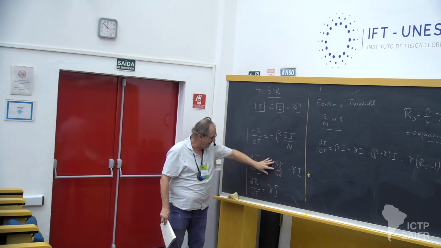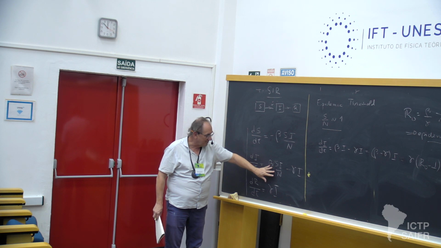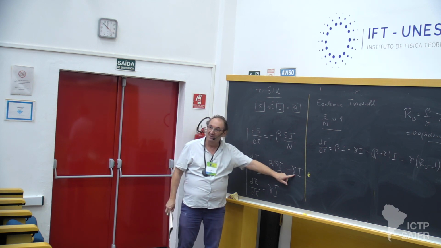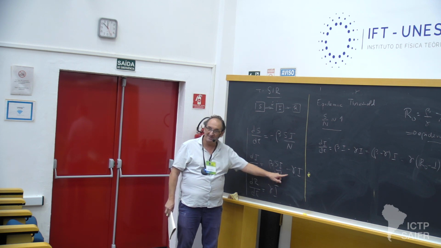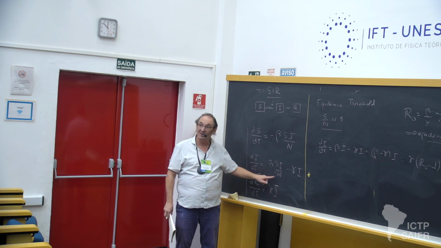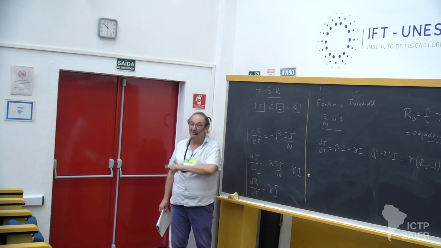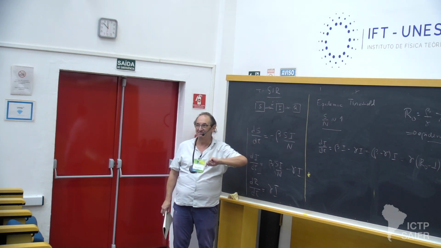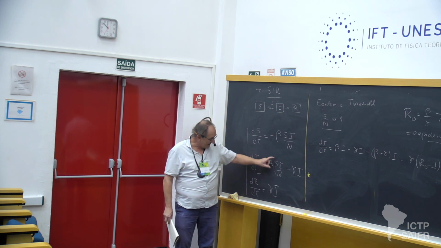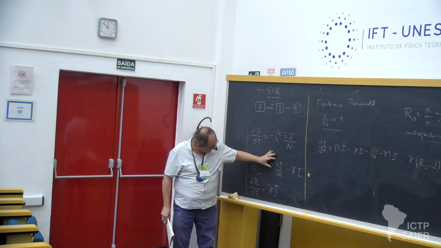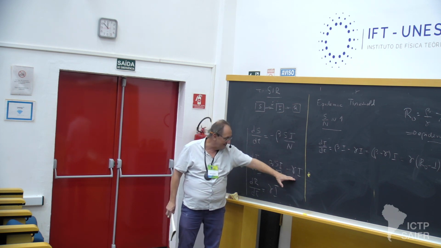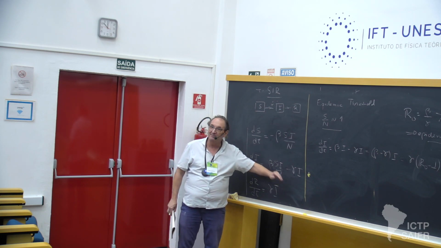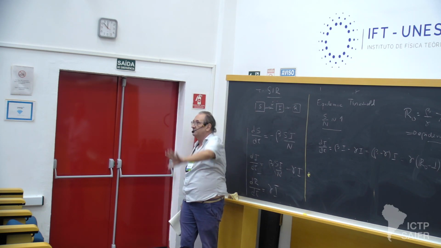This S over N can become smaller, smaller, smaller, and this term can become bigger than this one, and the number of infectious guys can start to decrease, which has not been the case before. Okay? So as S goes smaller and smaller, the importance of this term relative to this term is smaller and smaller. So this is a negative term, this is a positive term. The negative term can overcome the other one.